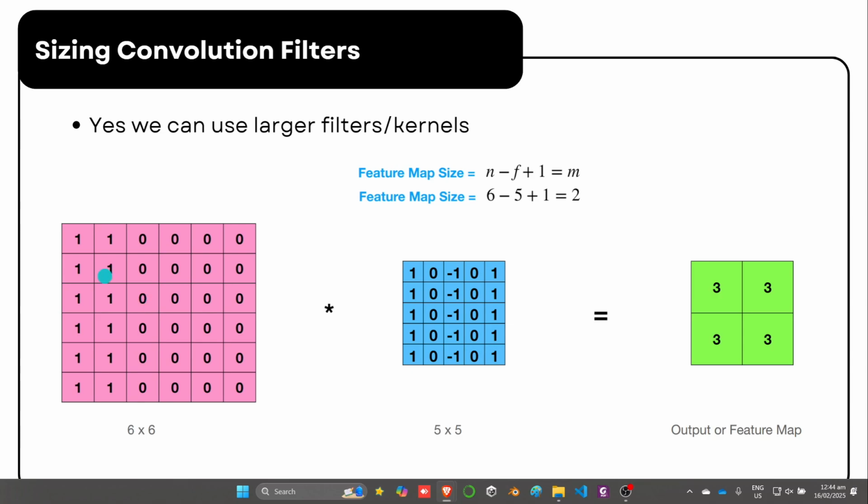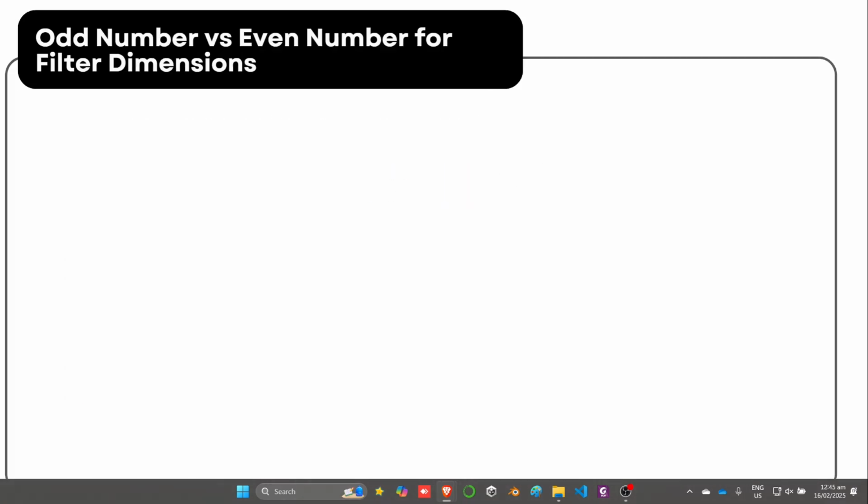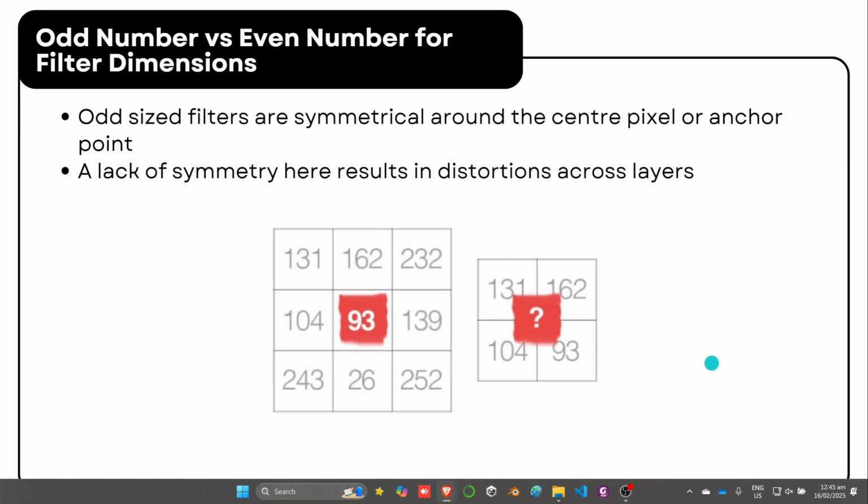However, if it was a 4 by 4 matrix here, there would be no center point. So 1, 2, 3, 4, 1, 2, 3, 4. As you can see, there would be no center point. That will cause a problem because, if we go back to the recent slide, it will cause distortions across the layers.